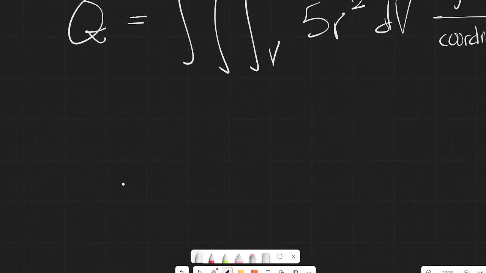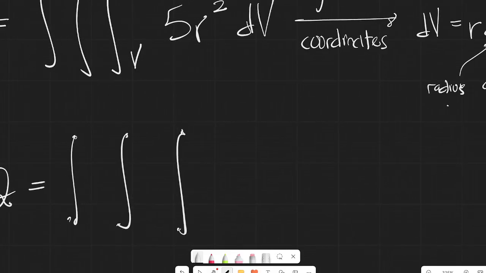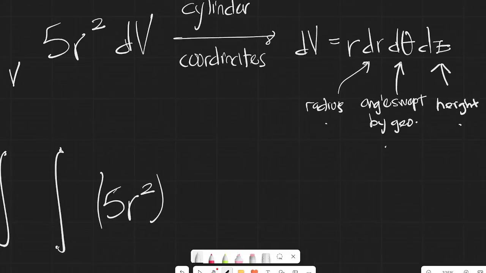This is going to be Q equals, I'm going to draw my little sum symbols first, and then 5r squared, and dV is equal to r dr d theta dz.